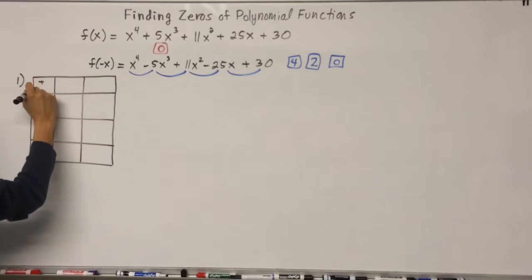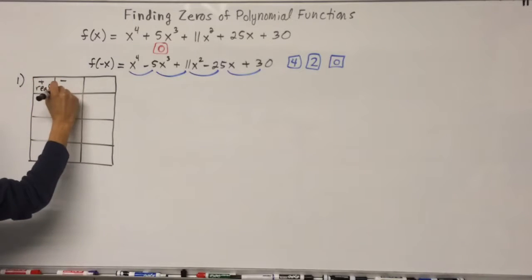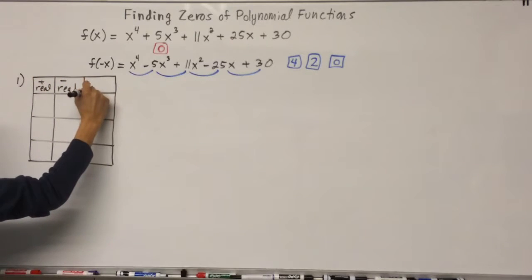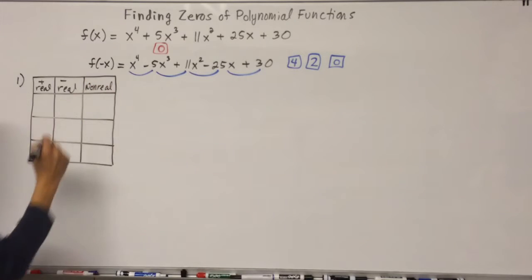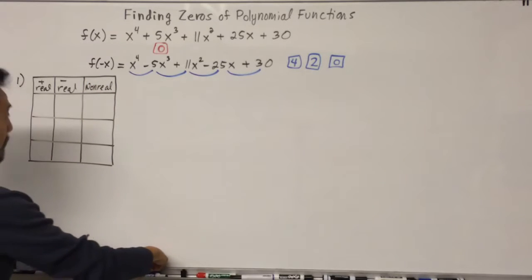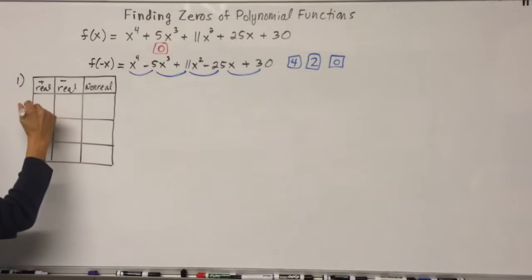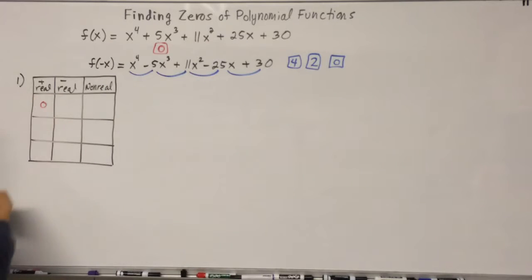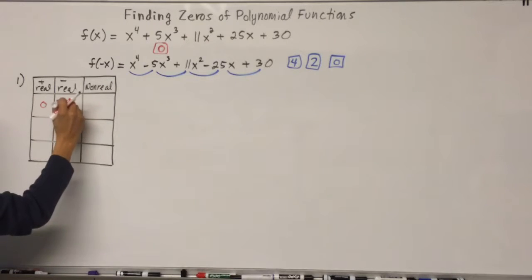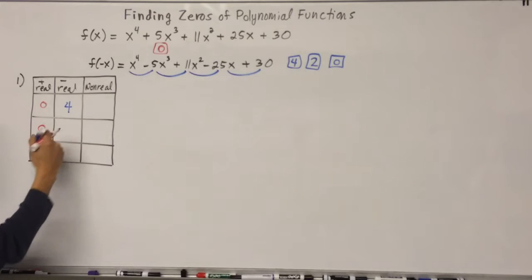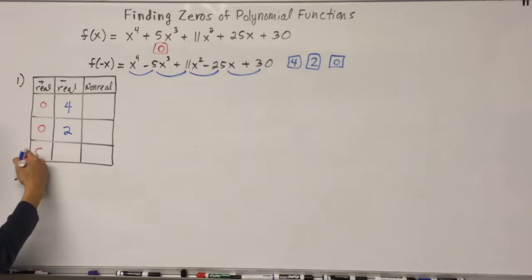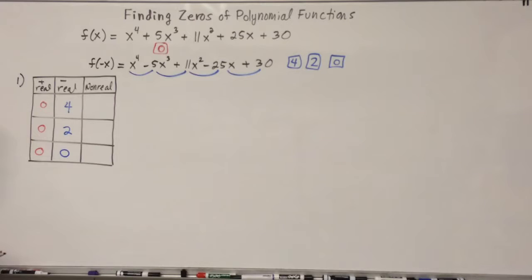So positive real, negative real, and then non-real. Okay. So the 0 in red pairs up with the 4 in blue, 0 in red with 2 in blue, 0 in red with 0 in blue.